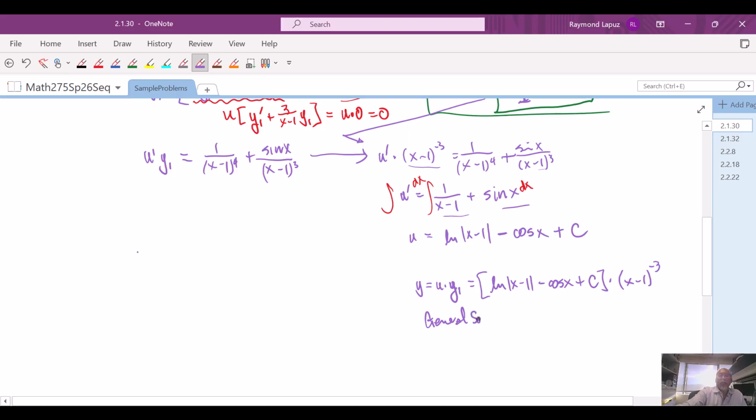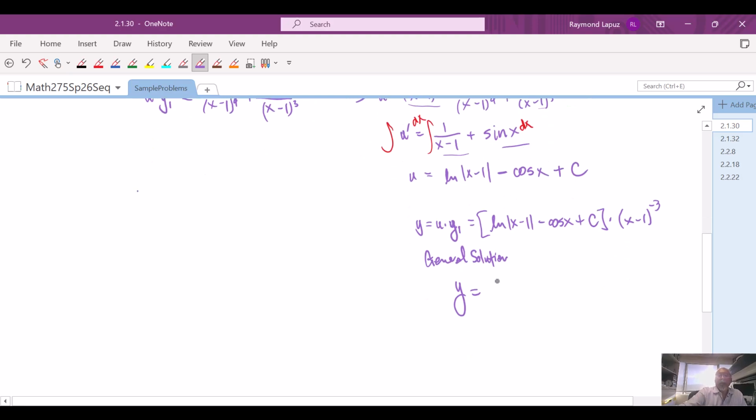The general solution is going to be y equals the ln of the absolute value of x minus 1 minus cosine of x plus some unknown constant, divided by x minus 1 to the third power.